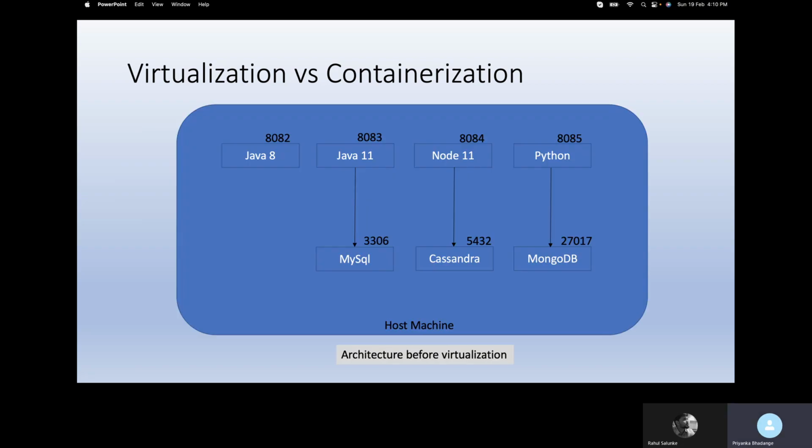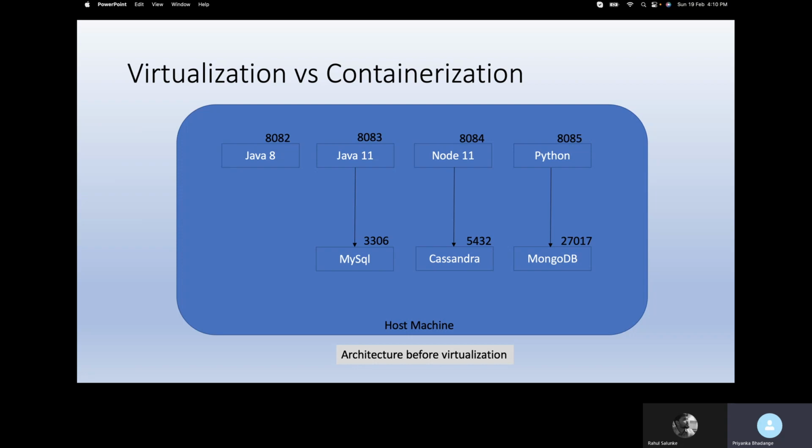So let's see what the system architecture was before virtualization. We used to have one server, and in that server we used to run many processes such as, let's say, Java 8, Java 11, Node 11, Python. So many processes we used to run in the same system.